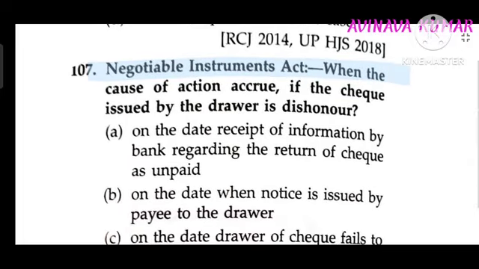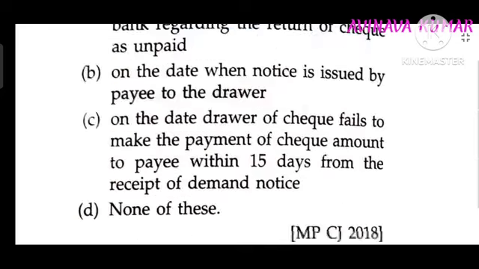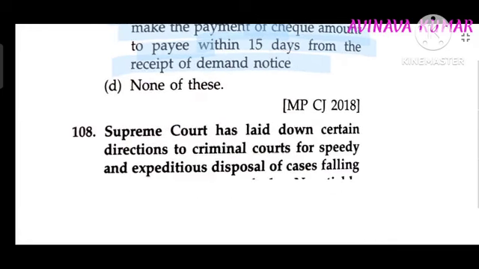Under NIA, when does the cause of action occur if the check issued by the drawer is dishonored? On the date the drawer of the check fails to pay the check amount within 15 days from the receipt of the demand notice.